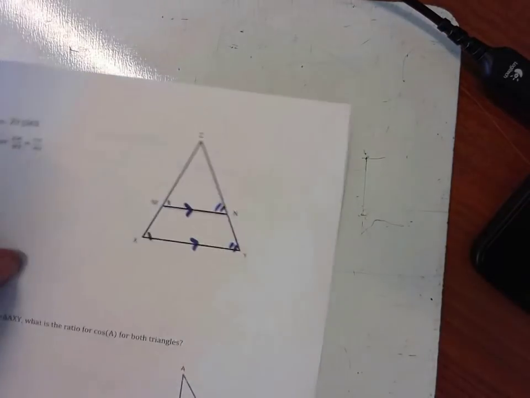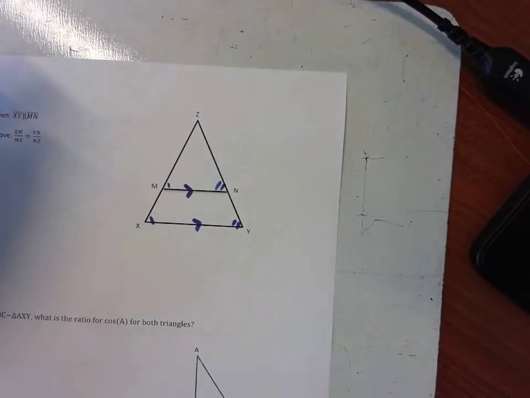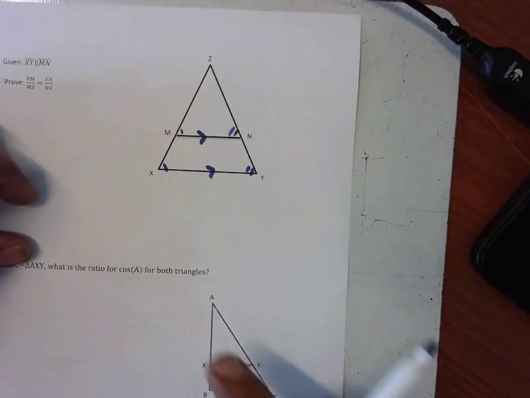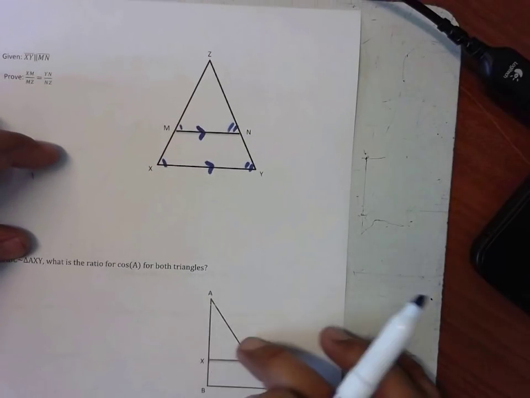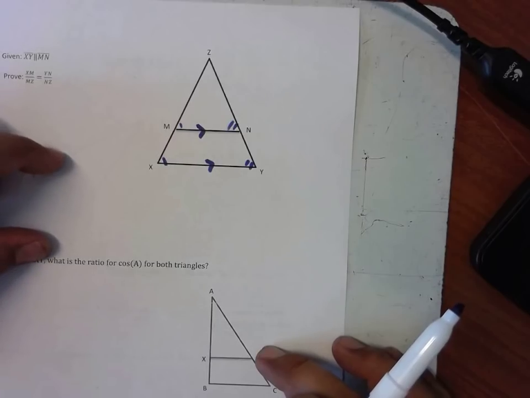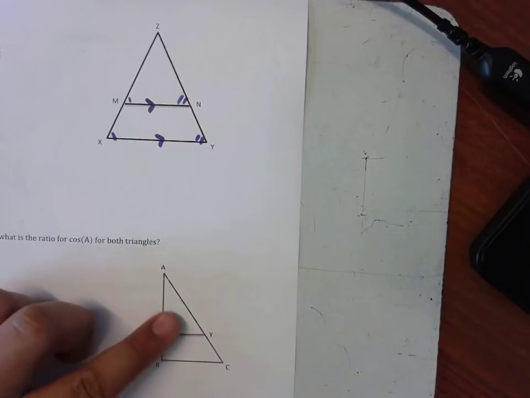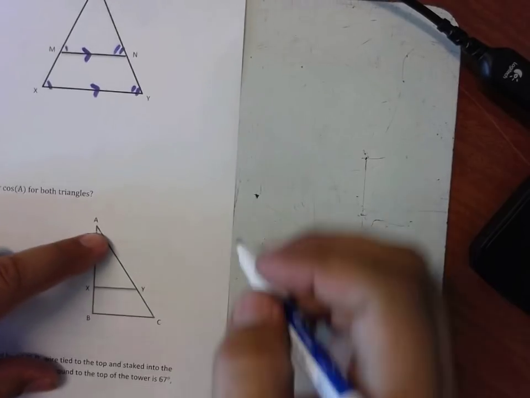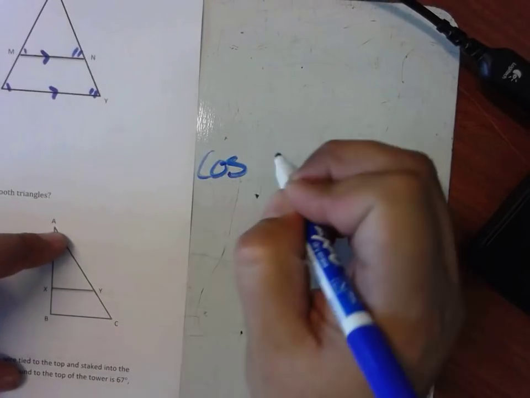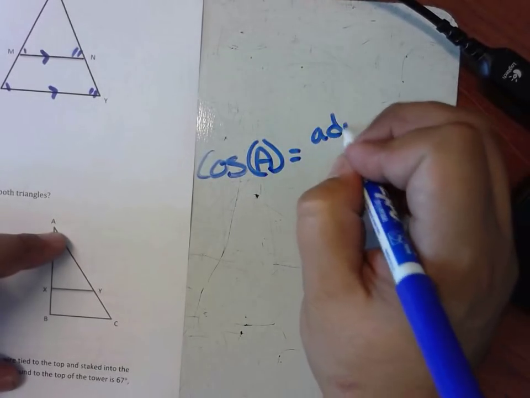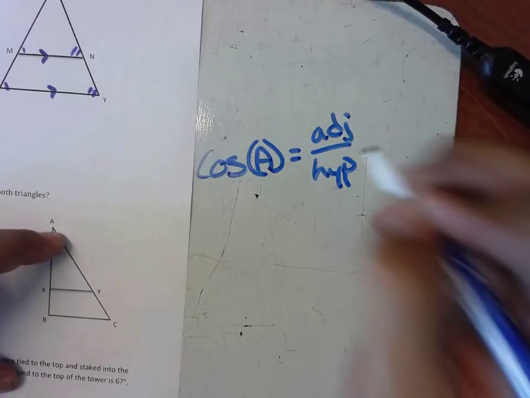Number 9. Triangle ABC is similar to AXY. What is the ratio of cosine of A for both triangles? Cosine of A is right here. Cosine of A for both triangles. Cosine is adjacent over hypotenuse.